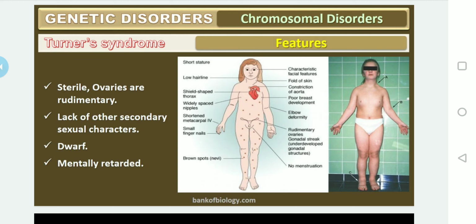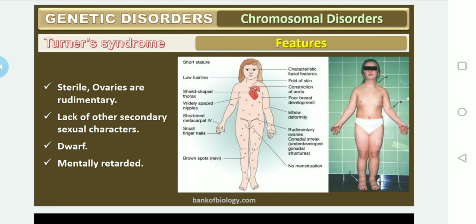They do not produce ovum, hence they are sterile females. So why are they sterile? There will be no menstrual cycle, the ovaries are rudimentary, there is a lack of other secondary sexual characters, so there is no question of reproduction. As I said, they are small stature, dwarf, and even mentally retarded.